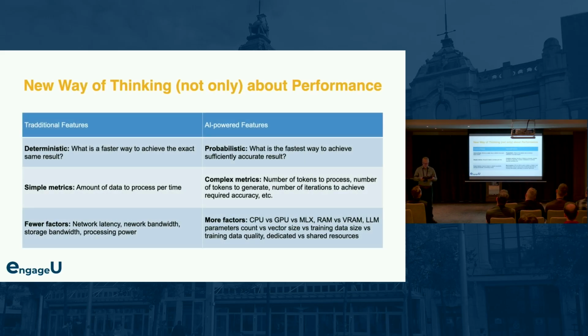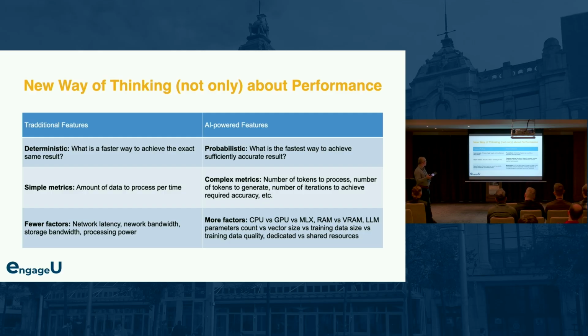So, important takeaway: AI is asking for a new way of thinking, especially about performance, because we are no longer just asking, is this faster or is that faster? We have to take multiple different factors into account, such as the quality of the results, and privacy, for instance.